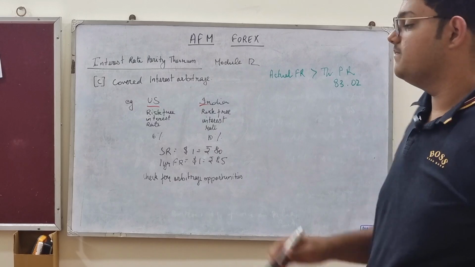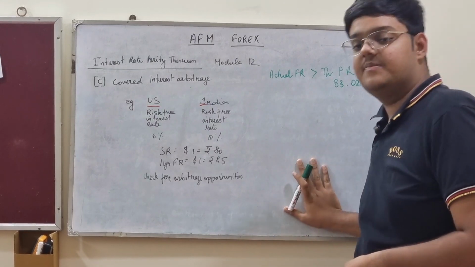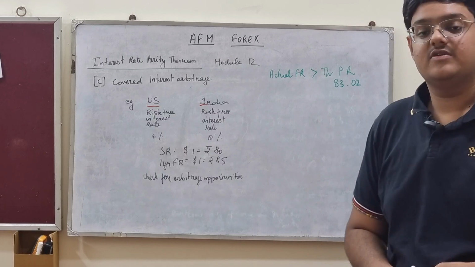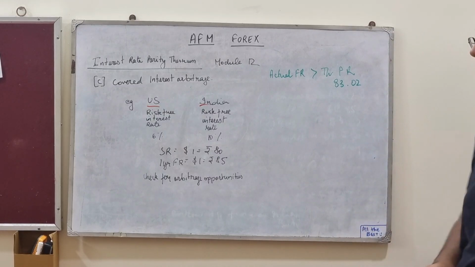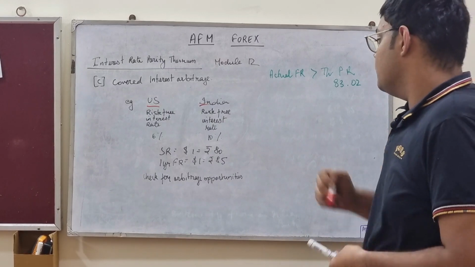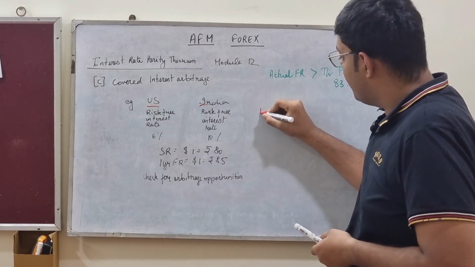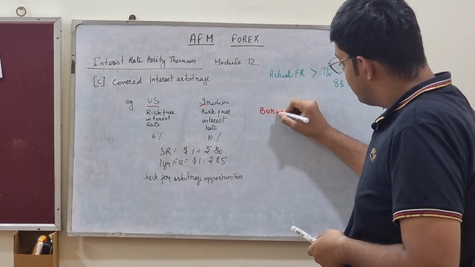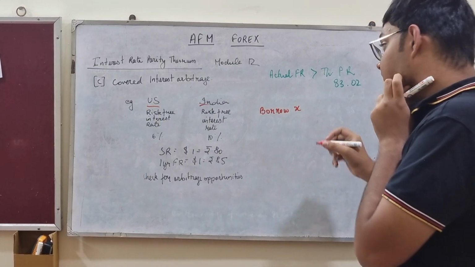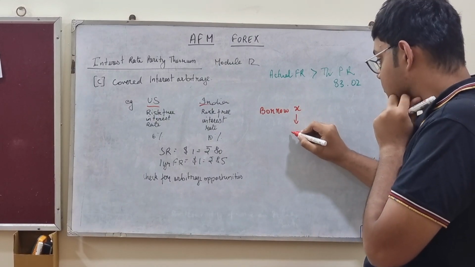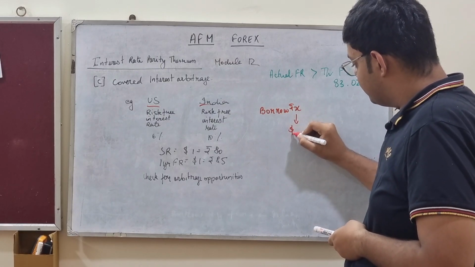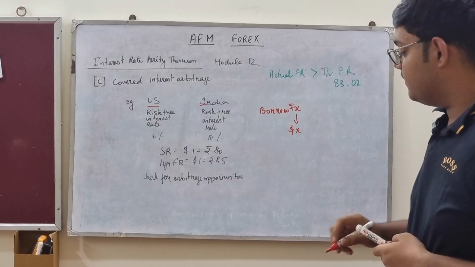I'll go through the steps, and then during the exam you can easily figure out which path is profitable using your calculator. So what we're going to do is borrow X amount in one of the countries. We convert this to the other currency. For example, if you're borrowing rupees, we convert this to dollars.